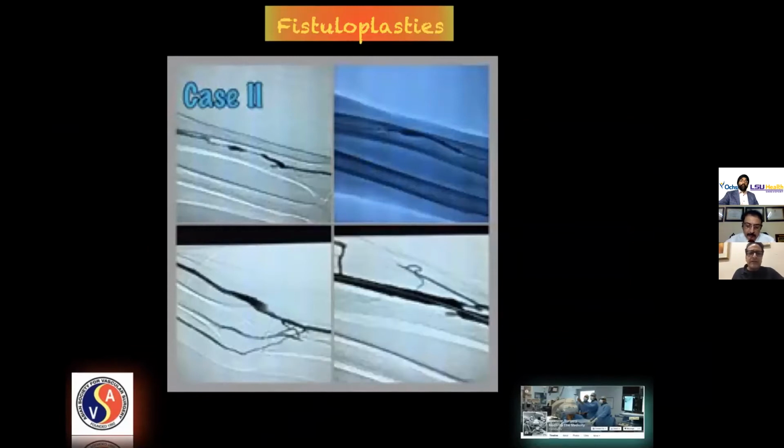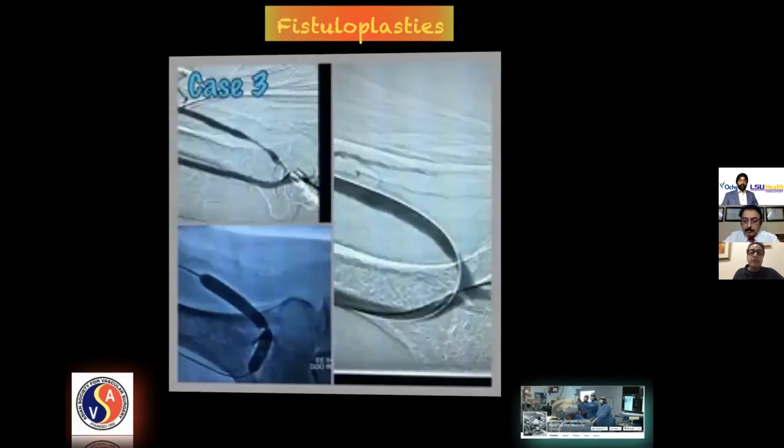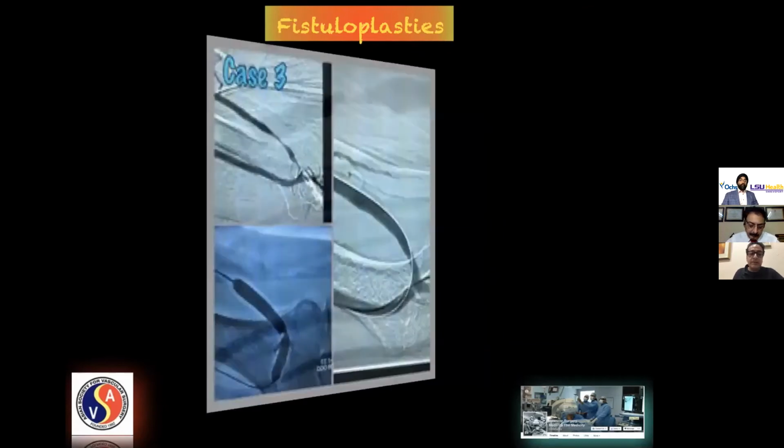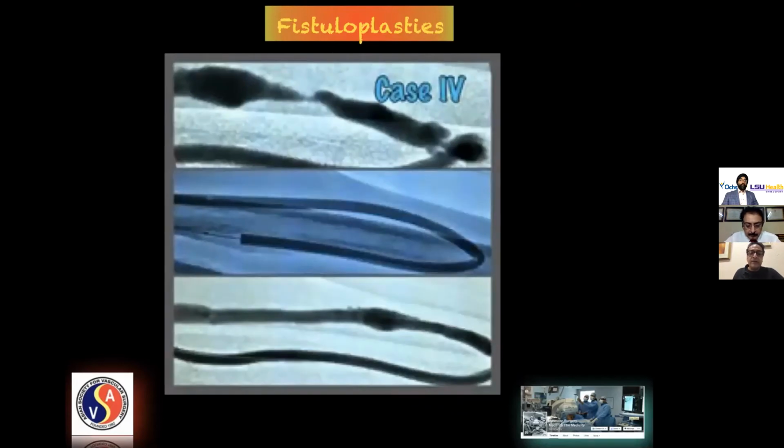The only thing you need to understand is that you require high pressure balloons like Atlas and Conquest. Sometimes you need to go up to 30 atmospheres in these cases, because these are thick fibrous bands which you have to break. So in these cases you can go across the anastomosis, position the balloon, and dilate it.